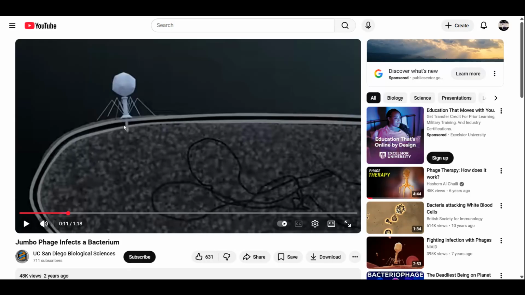Do you understand? For this injection, this invasion to occur, there has to be a mechanism that dissolves the cell wall of the bacterium. We're actually going to look at that next because this is exactly here.